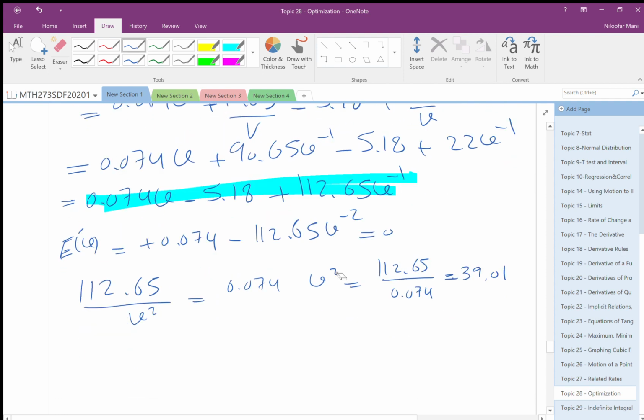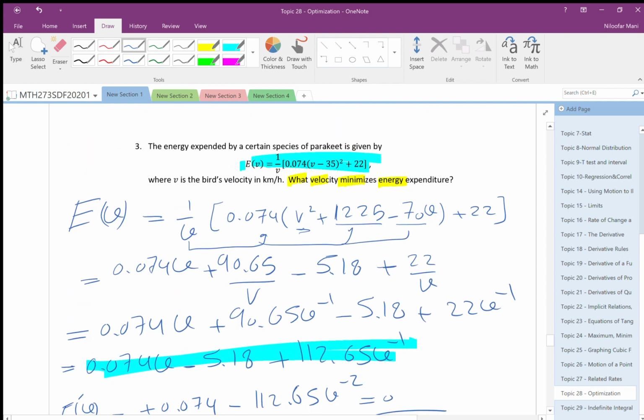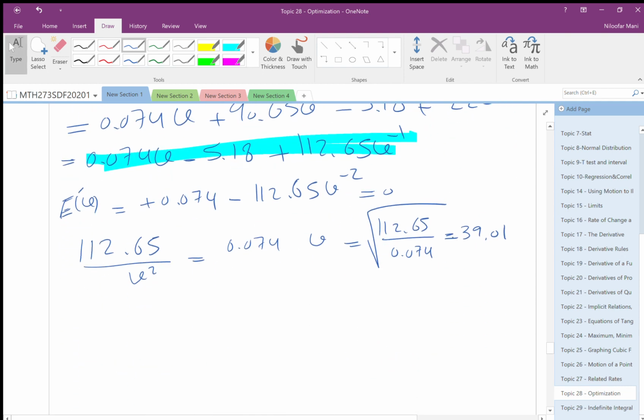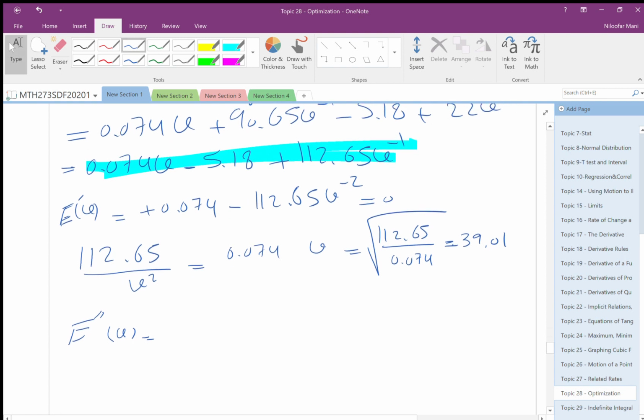Okay, so I find v, so I use radical, the velocity. Okay, so the velocity is this one. And then what is E double prime? E double prime is, yes, it is minus 2 times that.